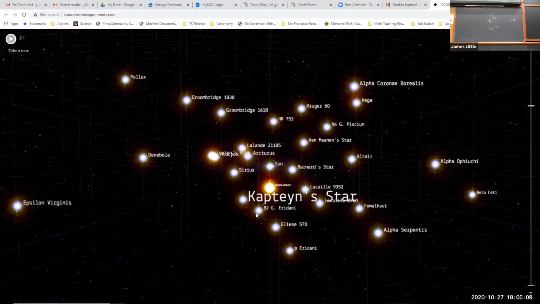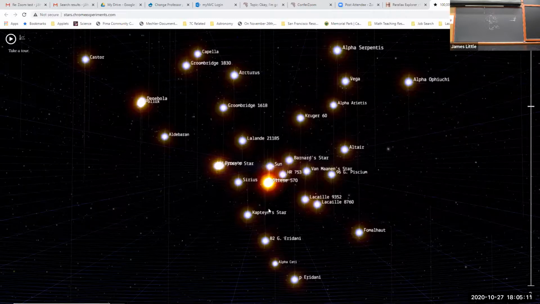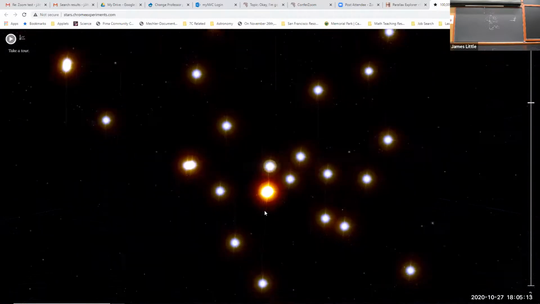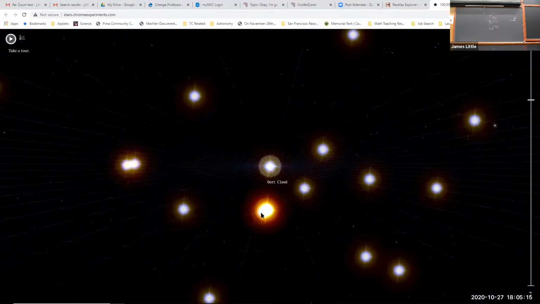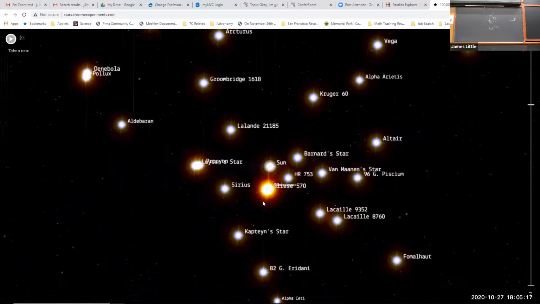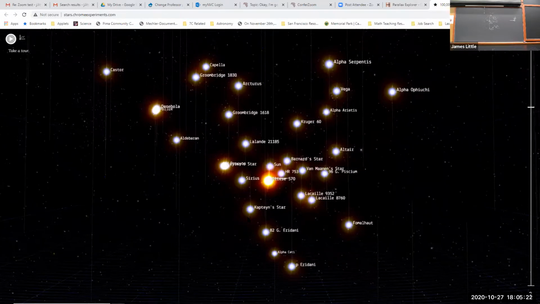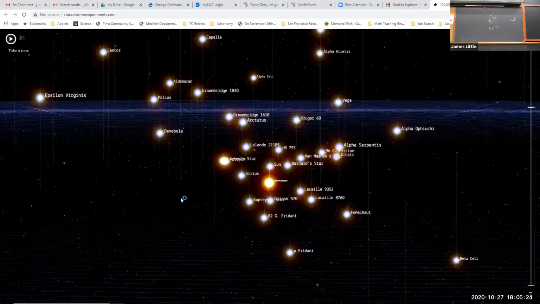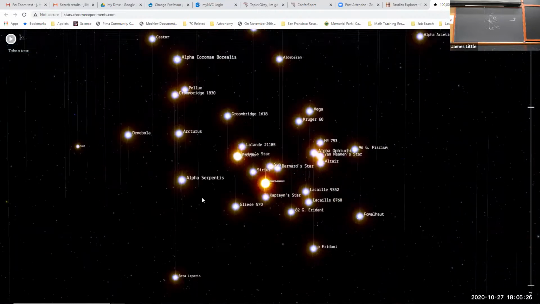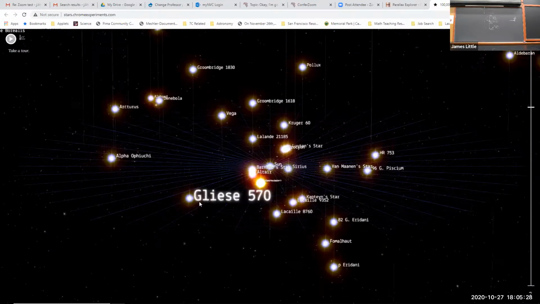I'm not sure why it's not rendering the names here, but that should be Alpha and Beta Centauri. And Proxima Centauri is pretty faint, so it may not be indicated. Or maybe Google made a mistake and they just didn't include them. But I think that's Alpha and Beta Centauri.